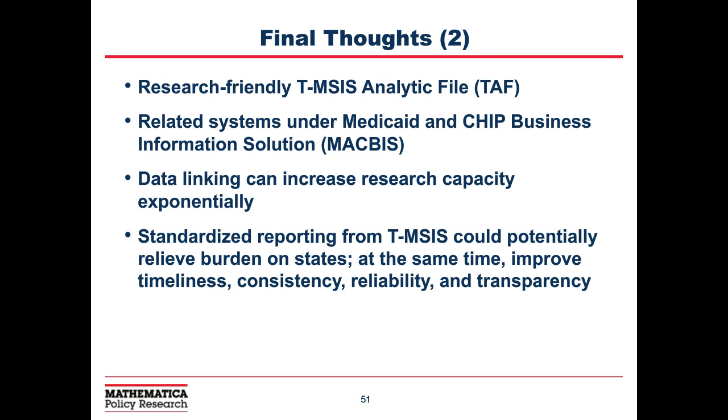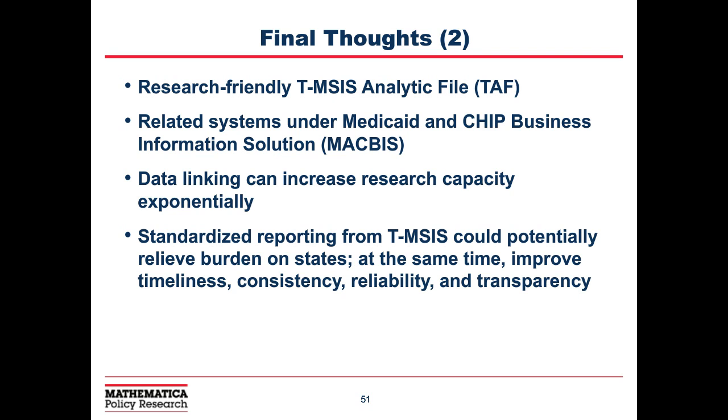Data linking can increase research capacity exponentially. I think that's demonstrated in both Lindsay's and David's presentation. It's very hard. And in addition to the Social Security number that is currently available, I think TMSIS does provide more data on beneficiaries such as name, such as address, that could help validate any linking and maybe even do some probabilistic record linking.